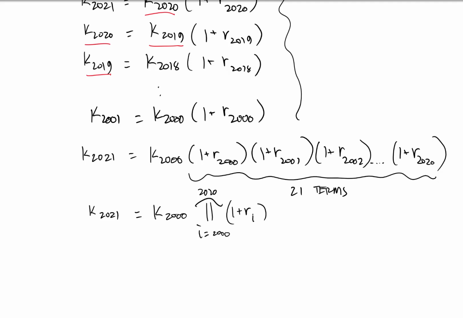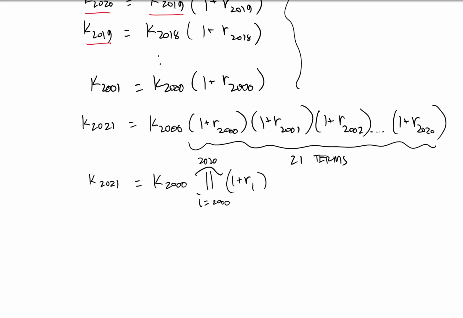Let me actually be more general. I think I can say that K in the year T equals K in the year T minus N times the product of 1 plus R sub I from I equals T minus N up to T minus 1.